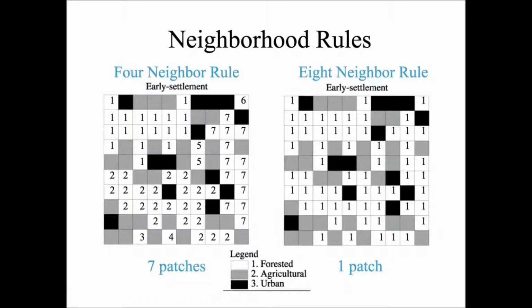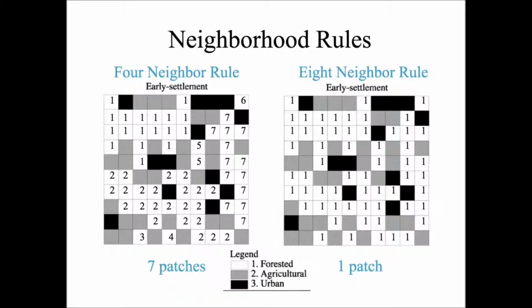So if we take this black square here, we were going to determine if it has any neighbors that are the same cover type. So we would examine the neighbors on each of its 4 sides. Since it's an edge patch, this is each of its 3 sides. Because none of those patches are the same cover type, which is urban in this case, that patch consists only of a single cell.